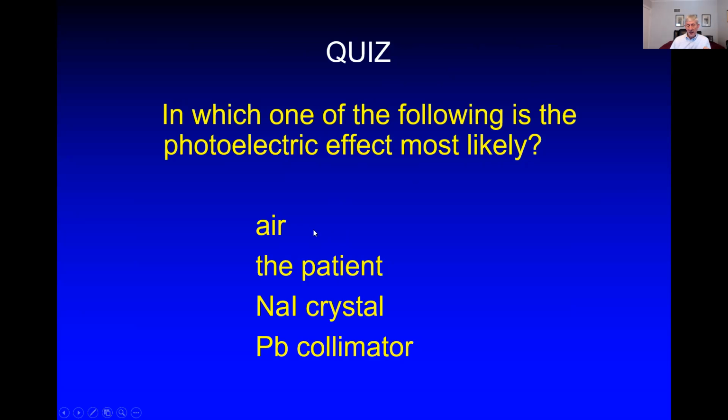We have air, which is very low density, the patient, which is higher density, a sodium iodide crystal, which is higher than that, and the lead collimator, which is even more dense than any of those. Which one of those is most likely to cause a photoelectric effect to take place? Anyone?